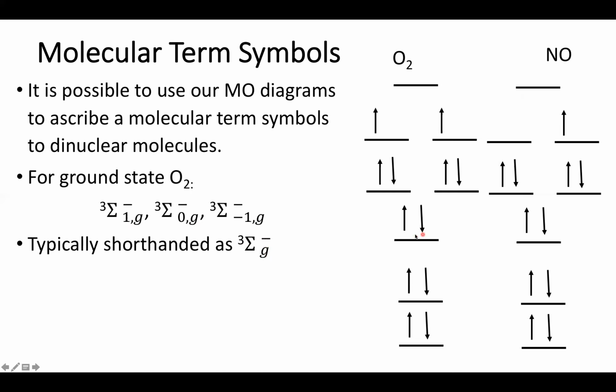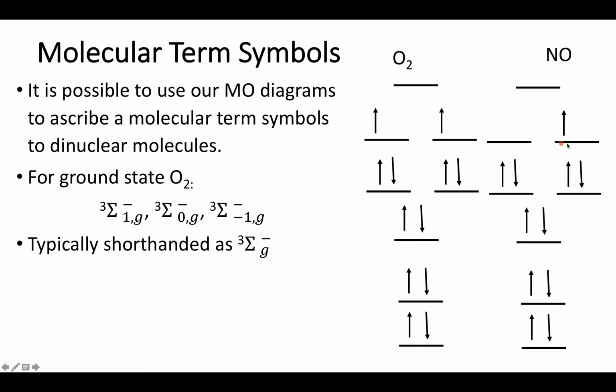Now, if I'm dealing with nitric oxide, in this case we're going to more or less ignore all of the filled orbitals and focus mostly on the unfilled one. I've got 1 electron, which is going to generate a net orbital angular momentum, because it will either be +1 or -1, but this gives me an overall magnitude of 1, which gives me a pi symmetry.